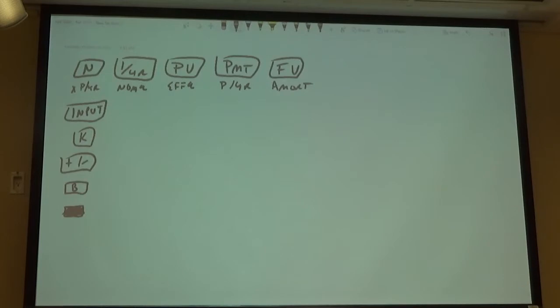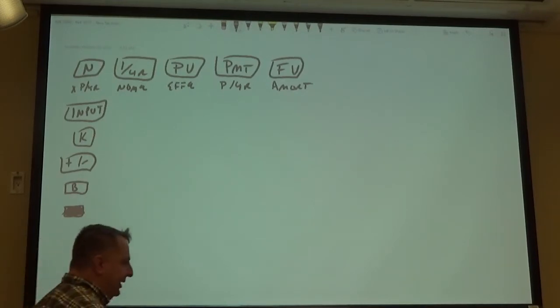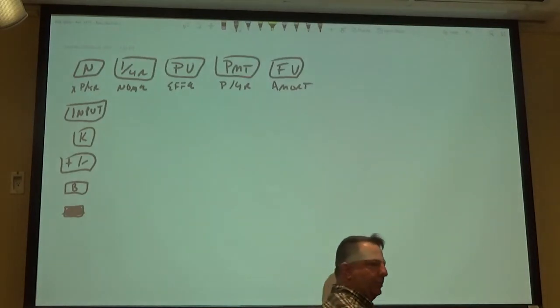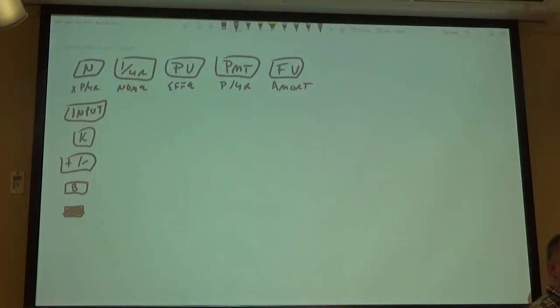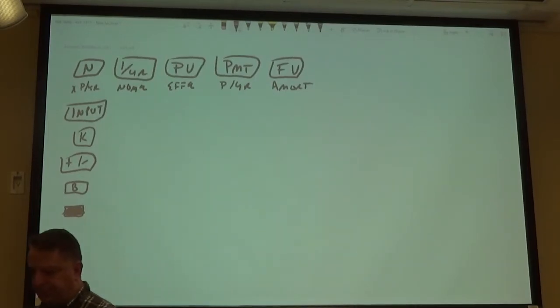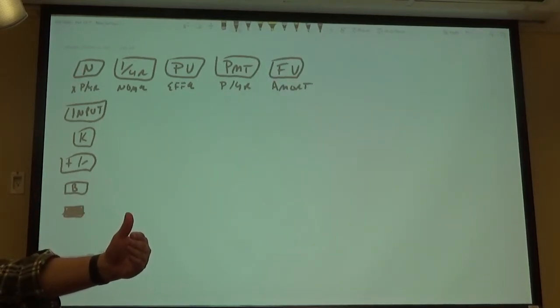PMT, payment. This is a fixed, keyword, fixed amount that we will either, and this is the key, we will either be receiving or paying. It can go both ways in the sense that, for example, if you're looking at a loan, the payment is being made by the borrower, yes?